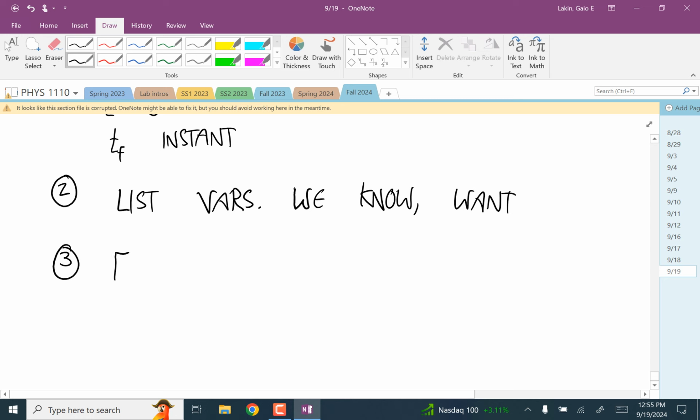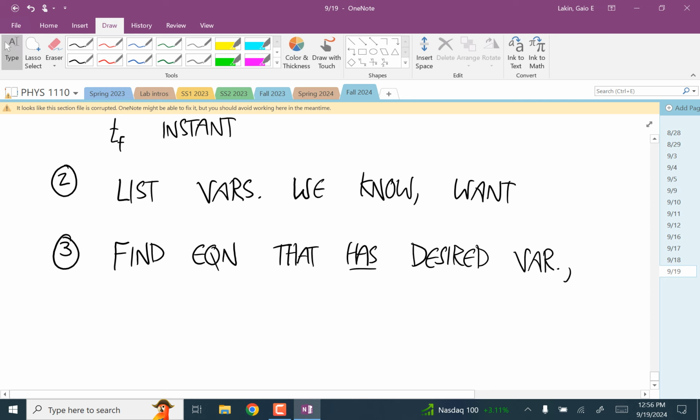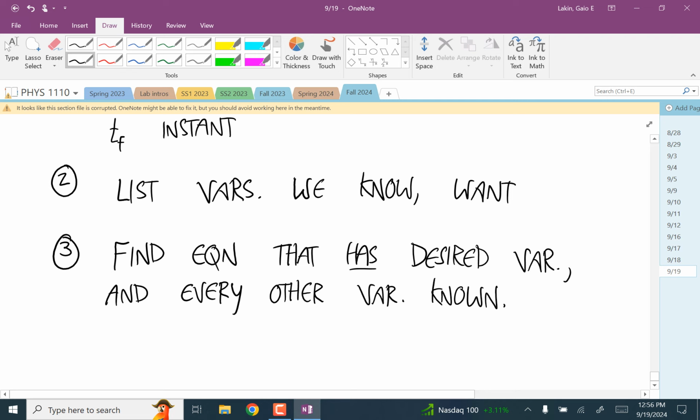So now all we're trying to do is find an equation that has the desired variable and every other variable is known. Is there always an equation that works like that?